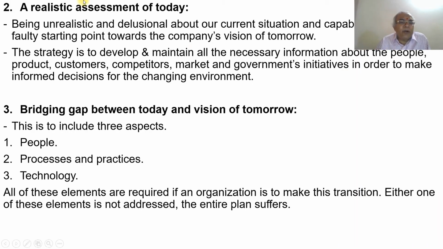So this is a very important point: you have to address all 3. Otherwise, if any one of them is neglected, the entire thing will be false. If you don't have a proper workforce, even though you have the best technology, the best practices and processes, you will not be able to achieve the goal. If you have people and good technology, but you don't have a good process and good practices inculcated in your company, then it becomes a waste.